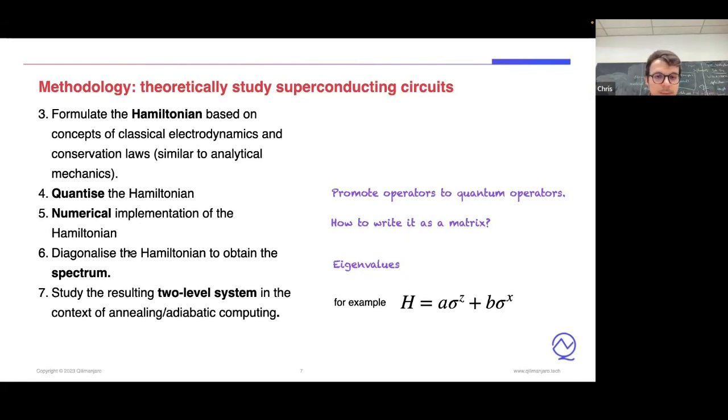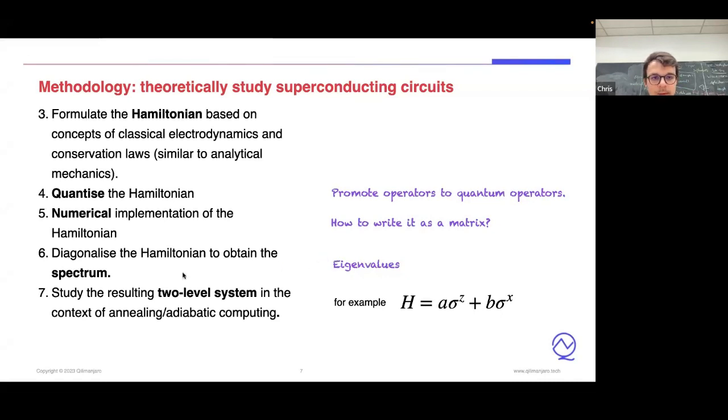I'm going to save you from this, and I'm just going to show you the fun part, the results. But still, I thought it's interesting to see the process, and then this Hamiltonian will be diagonalized, and we can obtain a spectrum from it, which means the set of eigenvalues.